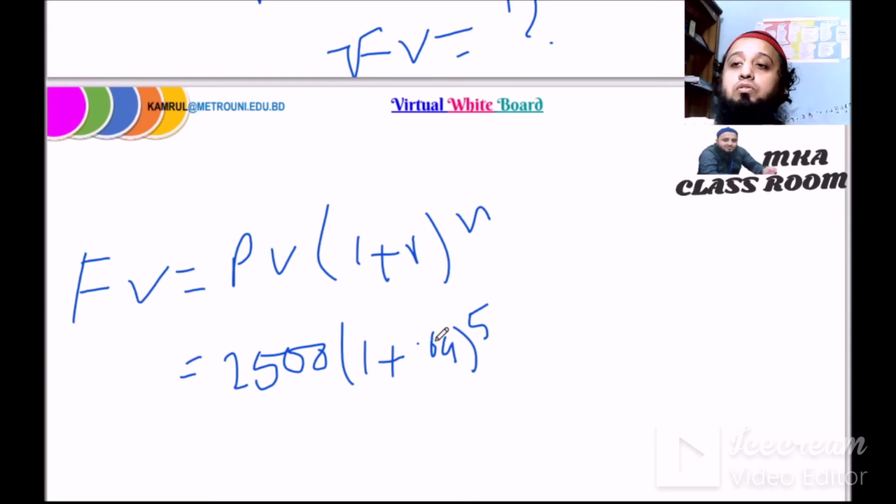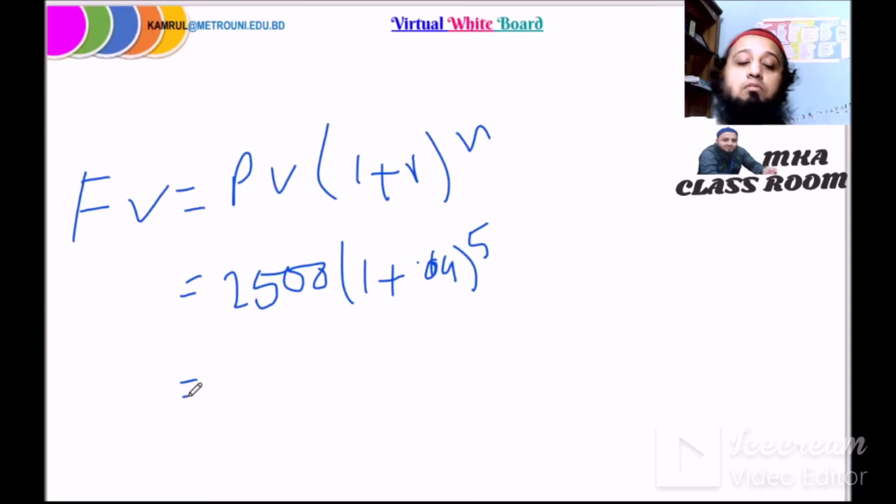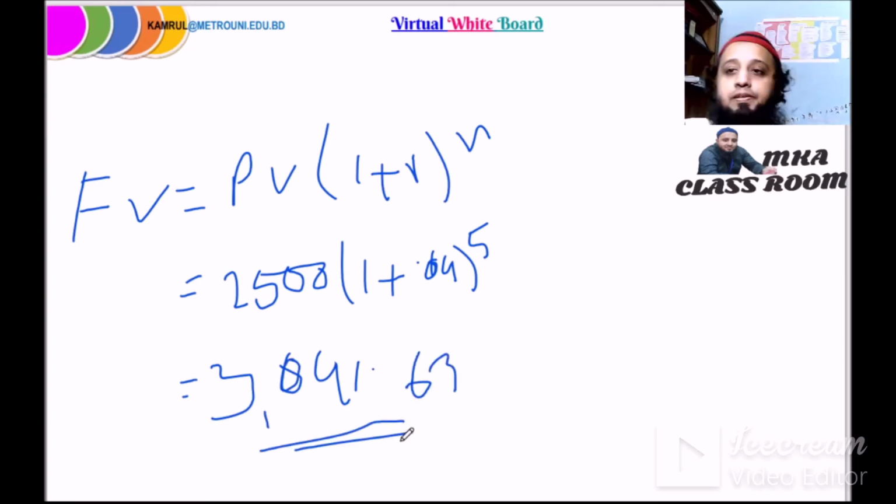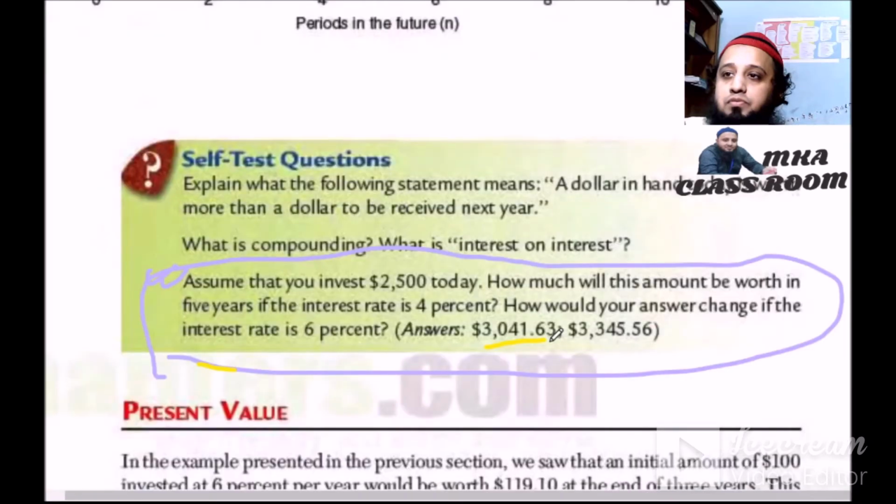So, by pressing your calculator, the result should be 2,500 into 1.04 power 5, which is 3,041.63. That is our result.